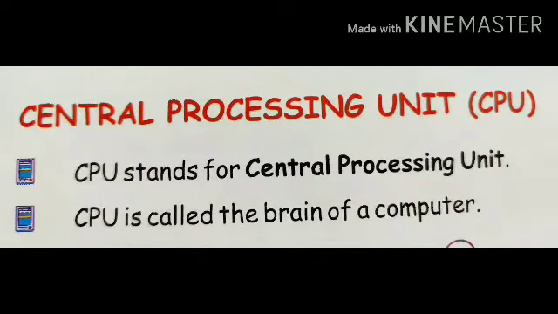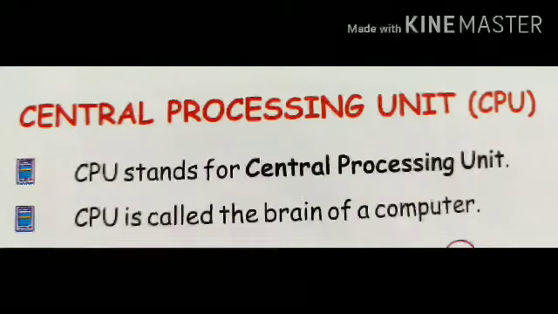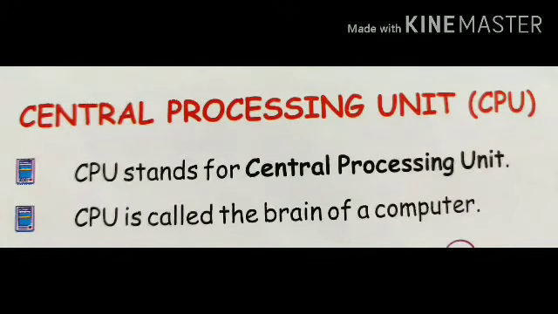Like your brain, it does all the work. Whenever I ask you anything, your brain thinks of the answer to that question. In the same way, whenever we put any information into the computer, the central processing unit starts working, starts thinking of an answer, its process starts, and then it gives out the final result, that is the output.